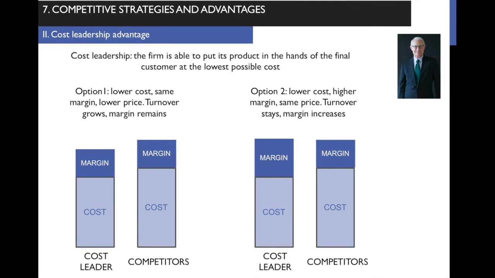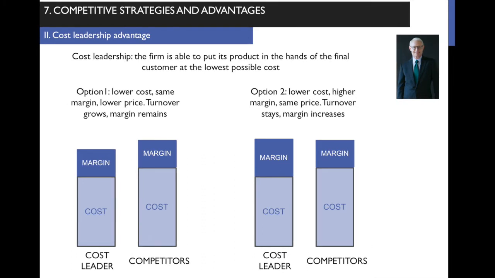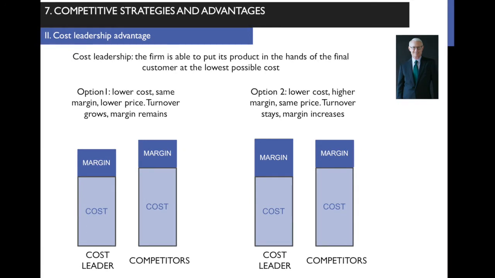Another industry whose price is fixed, here in Madrid, taxis. In taxis, you know the price per kilometer and the price per minute, so the driver can try to be efficient driving. So we have got option 1 and option 2, but both derive from having a lower cost.